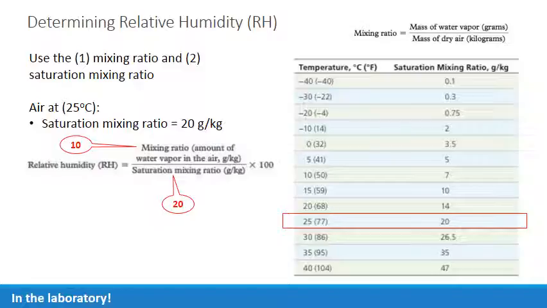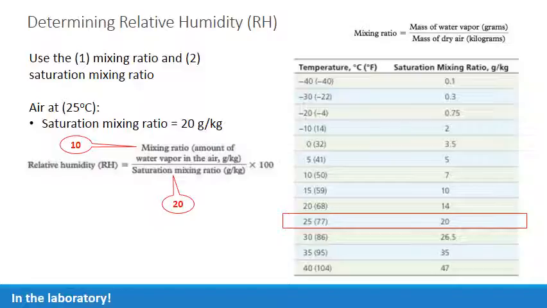So if the air contains only 10 grams per kilogram, that's the mixing ratio, on a 25-degree day, the relative humidity would be 10 over 20. How much we have is 10. The saturation mixing ratio is 20. So we have a 50% relative humidity.